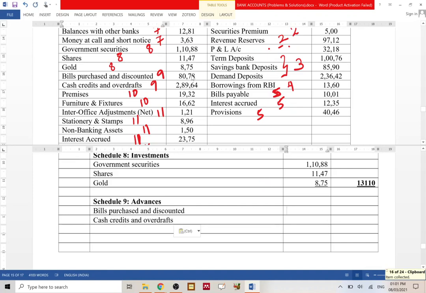Amounts 8078 and 28,964. Okay, if you get the total of this, you get 37,042. Highlighted, this will go in the outer column.